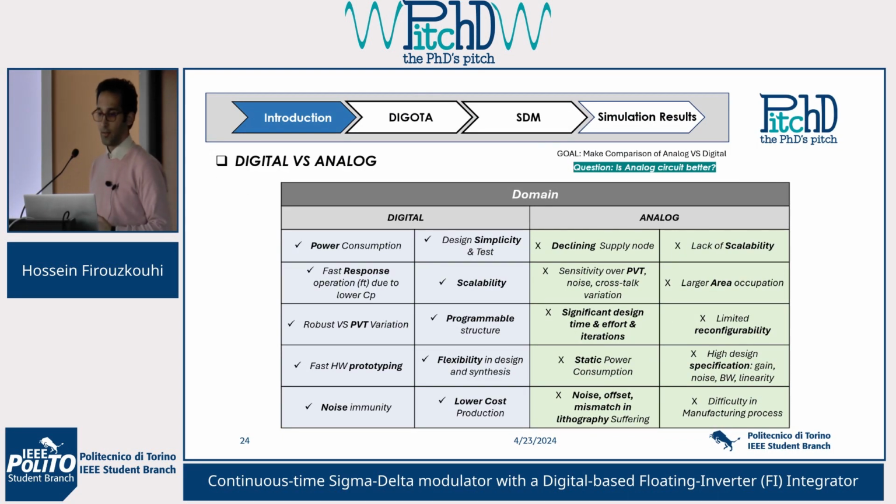So in this slide, the question is: is analog circuit better? I want to mention that we have two domains in electronics, digital and analog, and the digital has many advantages, for example power consumption, design simplicity, test scalability, robustness against PVT variation, and noise immunity.